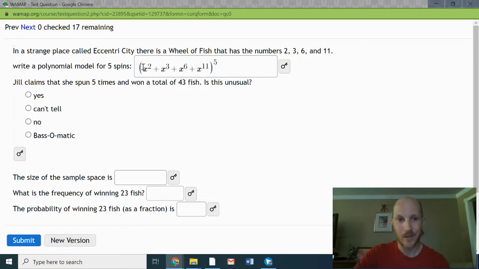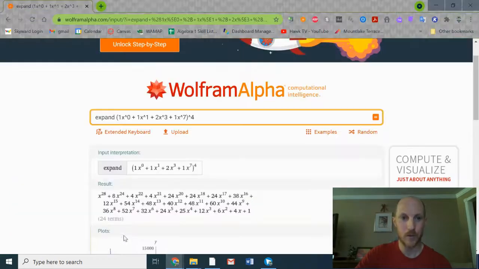So I'm going to take this polynomial model and retype it over here in Wolfram Alpha. This is my previous model. I've got to change the exponents to 2, 3, 6, and 11, get rid of that coefficient, and change the number of spins to 5. You could totally have started from the beginning.